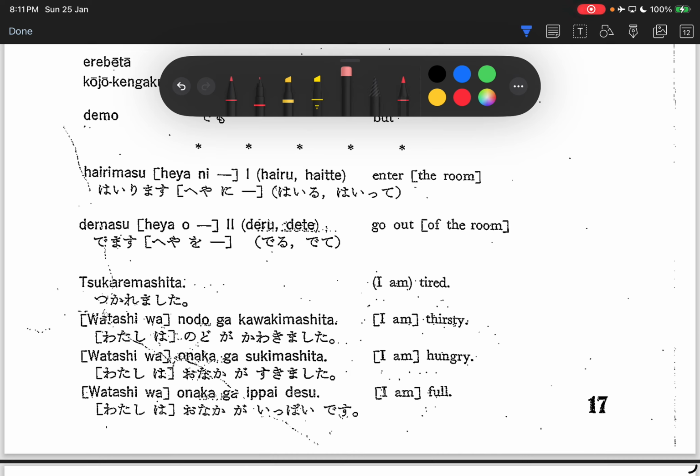Right? Next. 喉が渇きました。So the base word for this kawakimashita is actually kawakimasu. Kawakimasu simply means to dry, right? To dry something. So nodo ga kawakimashita means my throat is dry, which equals to thirsty lah.